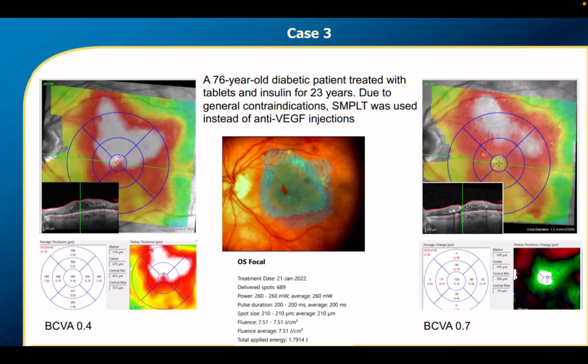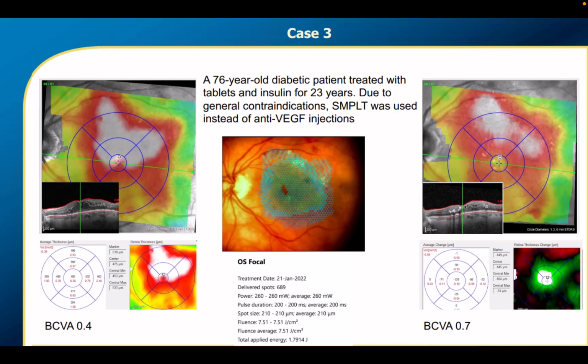The last case presents a 76-year-old diabetic patient treated with oral drugs and insulin for 23 years. Due to general contraindications, instead of anti-VEGF injection, microsecond pulse laser therapy was used, which resulted in improvement of structural parameters and visual acuity.